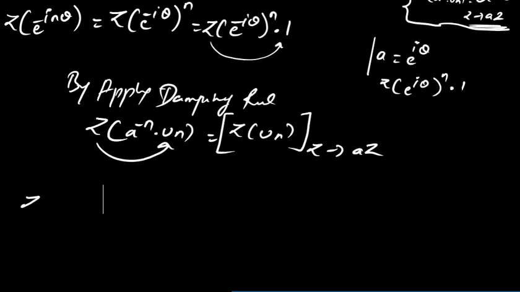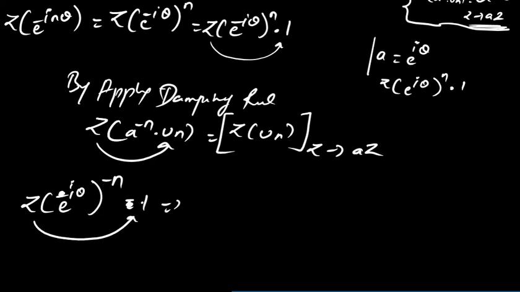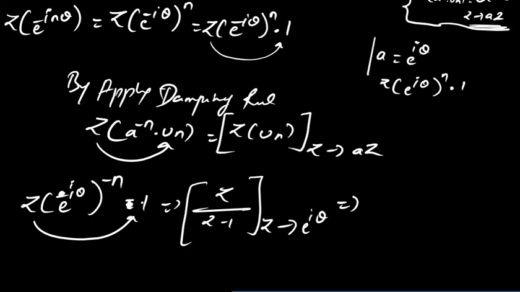So I'm just going back to the question. The Z transform of e power i theta power minus n into 1. So I'm just supposed to take the transformation of 1. So it is z by z minus 1.